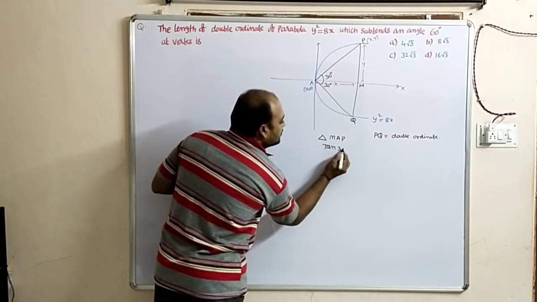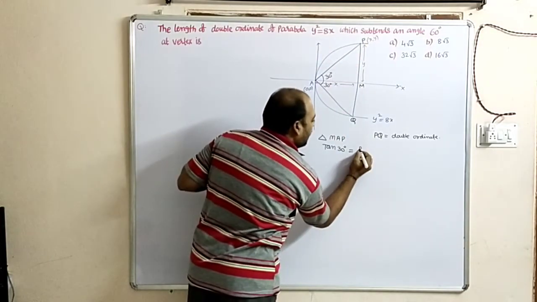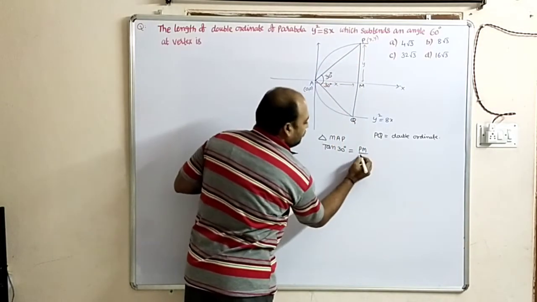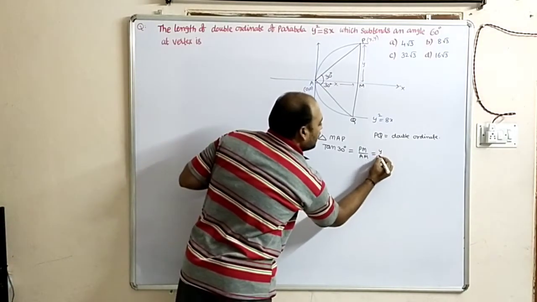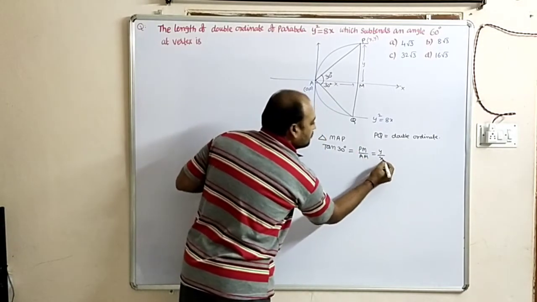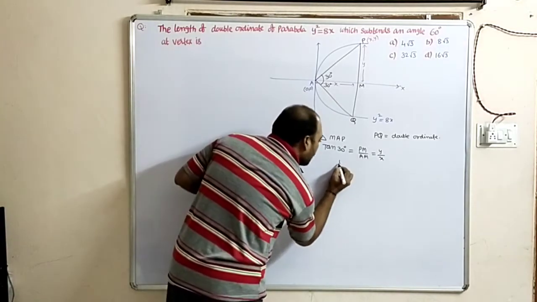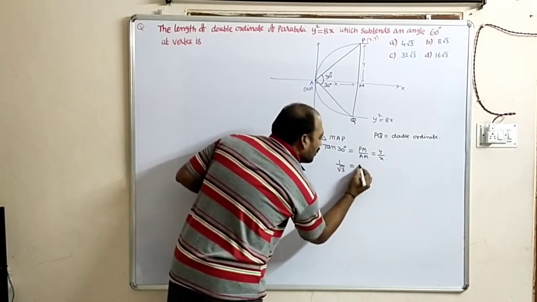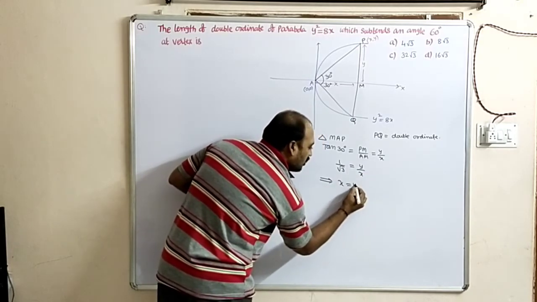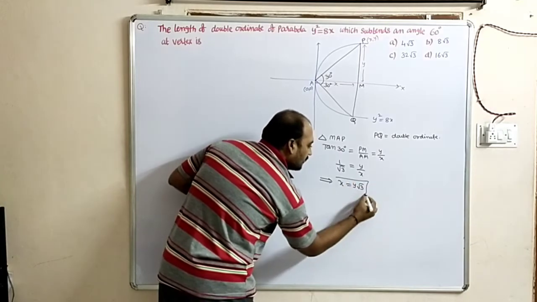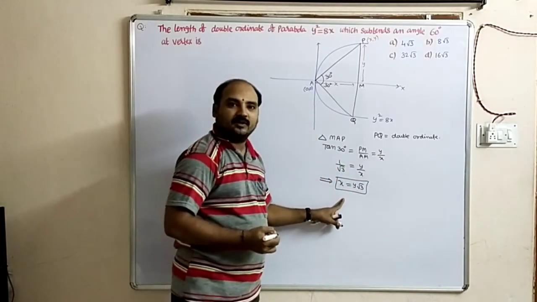Tan 30 degrees is equal to, tan definition, PM divided by AM. PM value is y, divided by AM value is x. What is tan 30? 1 by root 3, which is equal to y by x. Cross multiply, x is equal to y root 3.